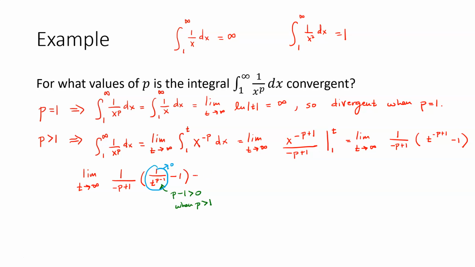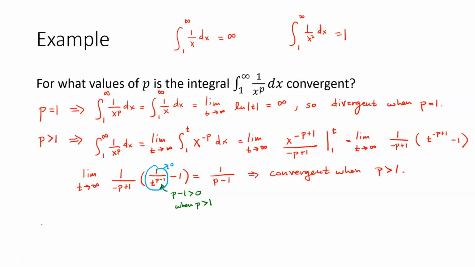So now we're just left with negative 1 times 1 over negative p plus 1, and that negative 1 multiplied by negative p plus 1 gives us p minus 1. So this value, when p is greater than 1, is convergent. And in fact, here we have a formula for the value of that integral when p is greater than 1.